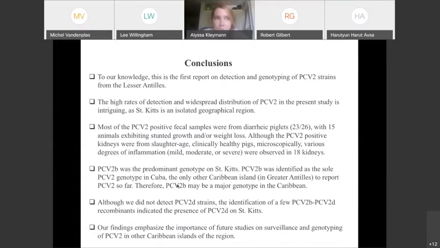And although we didn't detect PCV2D strains specifically, the identification of those 3 PCV2B, PCV2D recombinants indicates the presence of PCV2D on St. Kitts. These findings emphasize the importance of future studies on the surveillance and genotyping of PCV2 in other Caribbean islands of the region. And these are my references for this chapter.